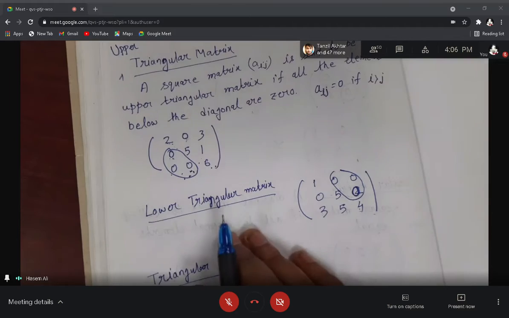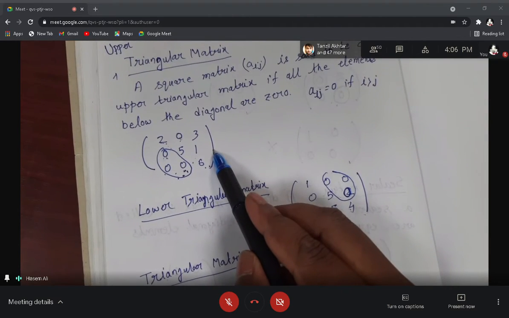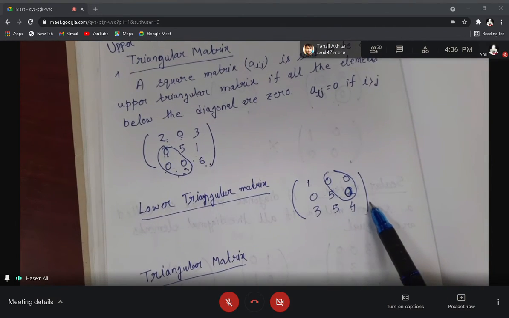That means this is also a triangular matrix, and this is also a triangular matrix.